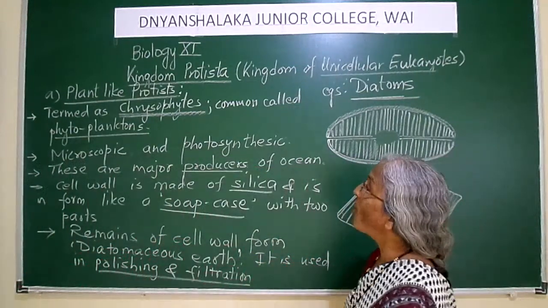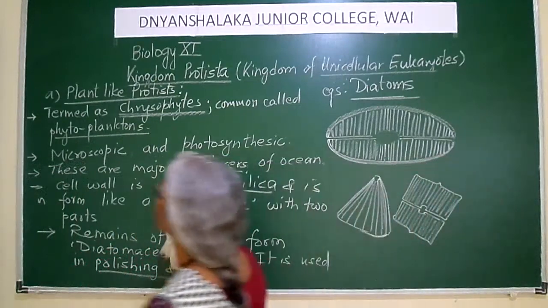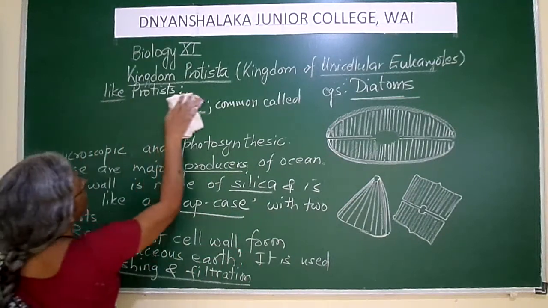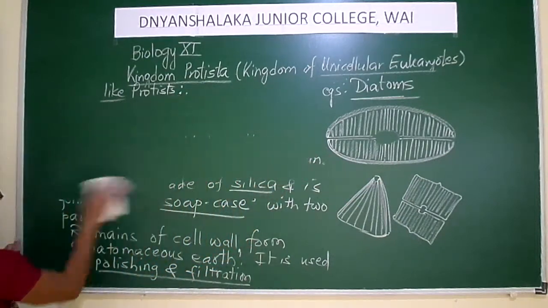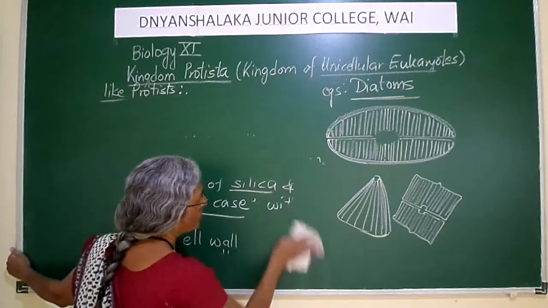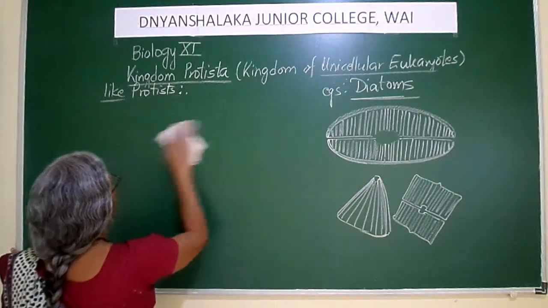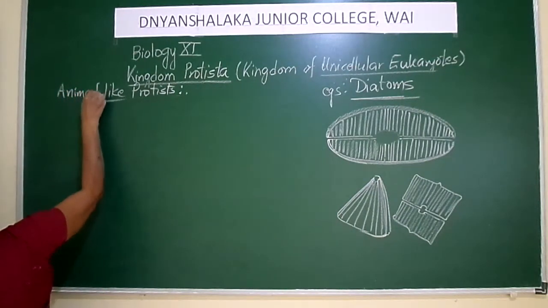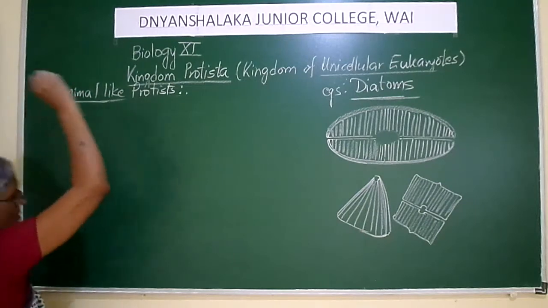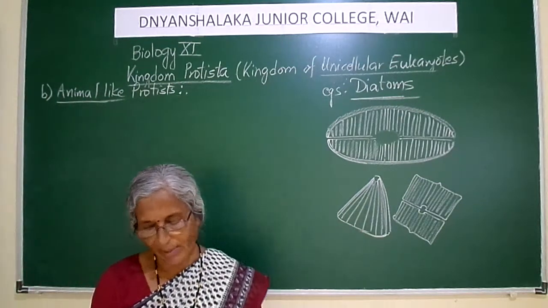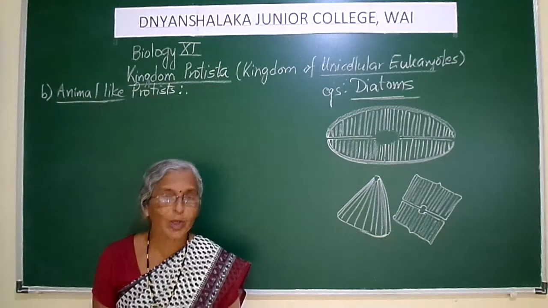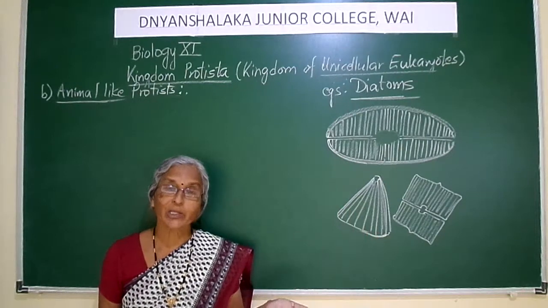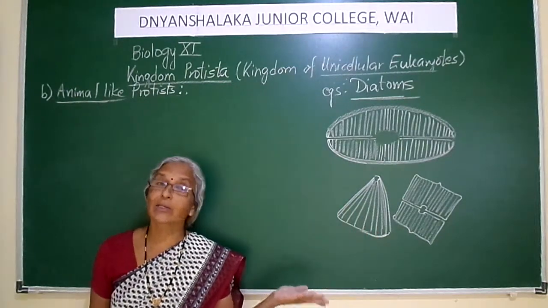Okay. So from plant-like protists, we will pass on to the next type of protist, and these are animal-like protists. What are these? Animal-like protists. So once we say animal-like protists, obviously, unlike cell walls being present in the diatoms, cell walls are going to be absent in them, because the main characteristic of an animal cell is the absence of cell walls.